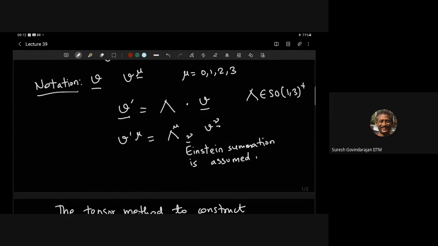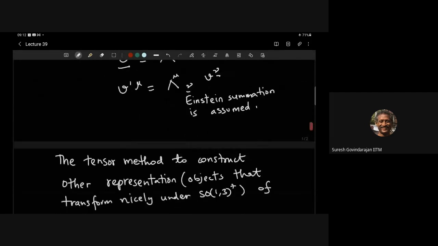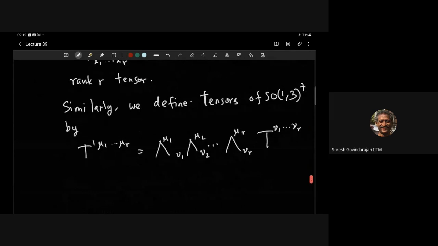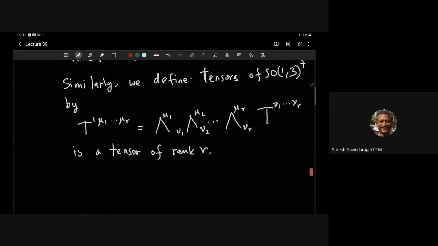Okay. So is this definition clear? So this is the definition. If R equals 1, we get a 4 vector.